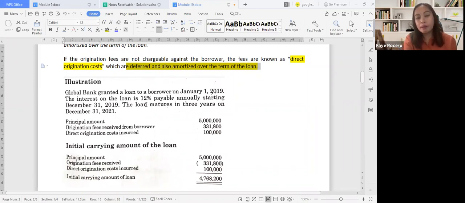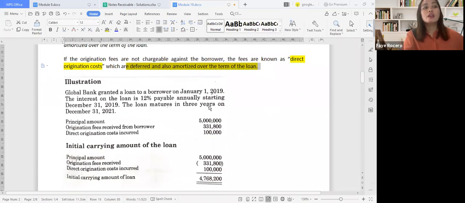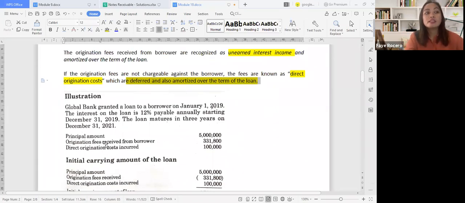So you have the principal amount, 5 million. Origination fees received from borrower, 331,800. So again, we recognize this as earned income amortized over the term of the loan. And then we have direct origination costs, 100,000, deferred and amortized as well over the term of the loan.